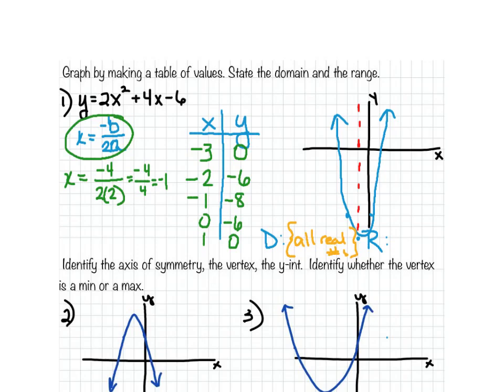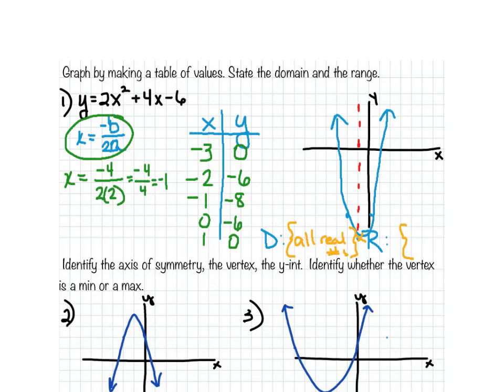But let's look at the range, the y values. If you notice, this parabola has a minimum, and the minimum is at the vertex right there. And so y does not go below the vertex at any time.